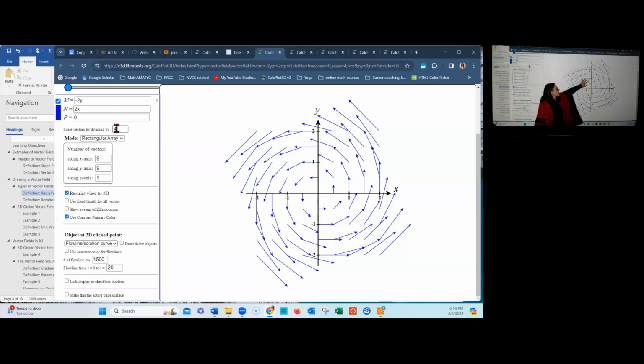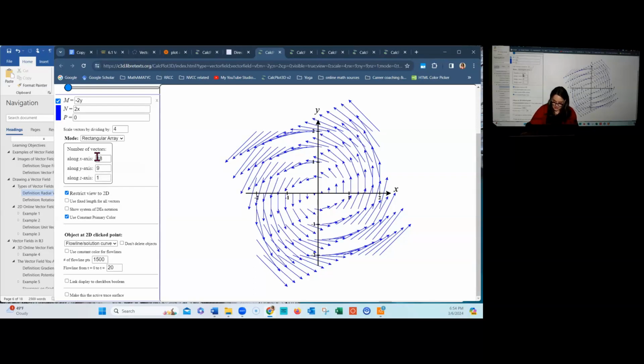The other thing that can make it more difficult is if you have too many points plotted. Right now, we're plotting 9 along the x-axis from -2 to 2. And if I plotted twice that many, you would see that it gets a little bit more difficult to see, and they begin to overlap.